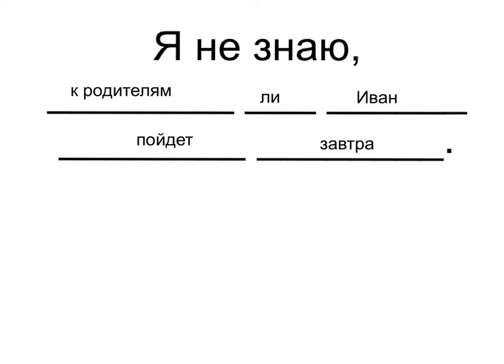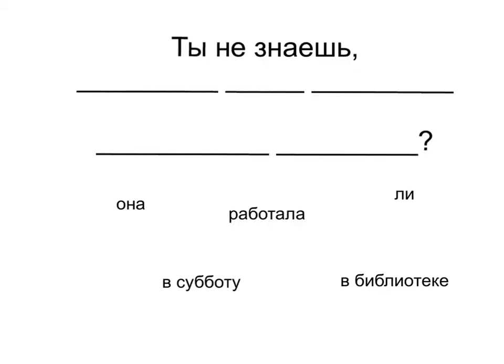And here you notice that li is still in the second position if we consider к родителям to be one unit. If we have a prepositional phrase like this, a preposition and then another word in the case that it takes after it, then that will be considered one unit. But li will always be in the second position.